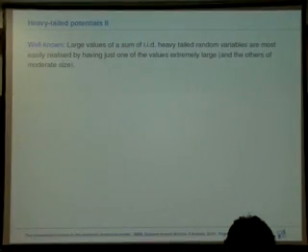And in other words, you can do the following. It is well known that if you have a sum of i.i.d. heavy-tailed random variables and require that the sum is very, very large, then they do it in the following way.